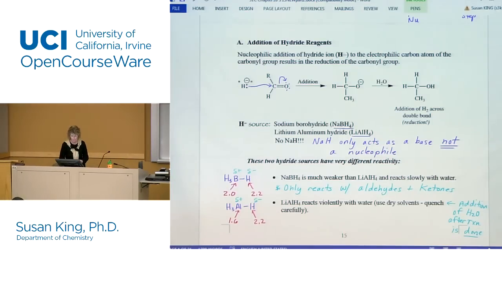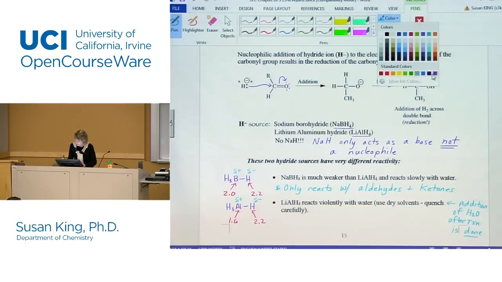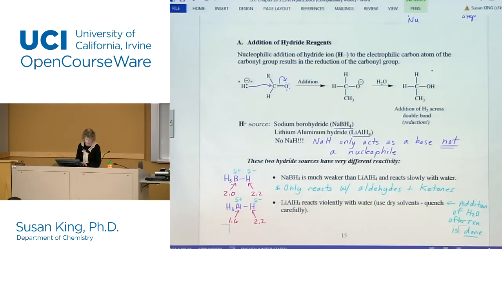Sodium borohydride, on the other hand, reacts slowly with water, so it's a much milder reagent, but it's also not as powerful. The lithium aluminum hydride reacts violently, and it reacts with all type 1 and type 2 carbonyls. So it's kind of cool to be able to predict that reactivity just by knowing some electronegativities.